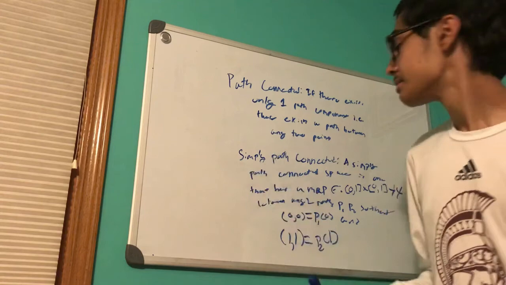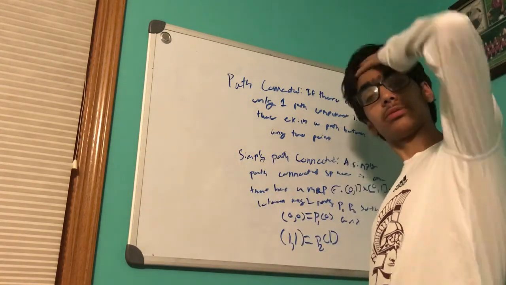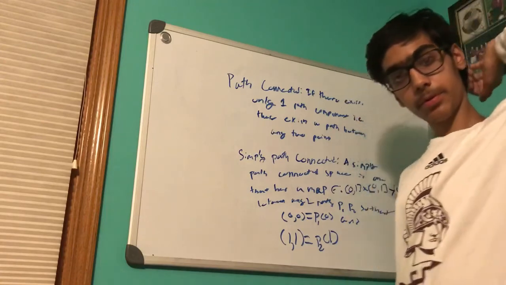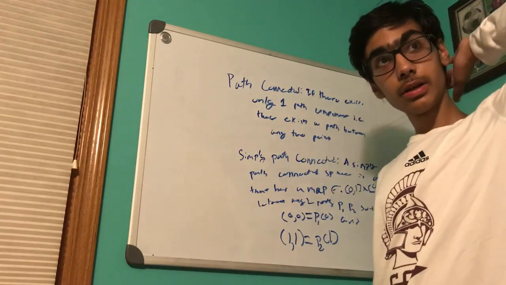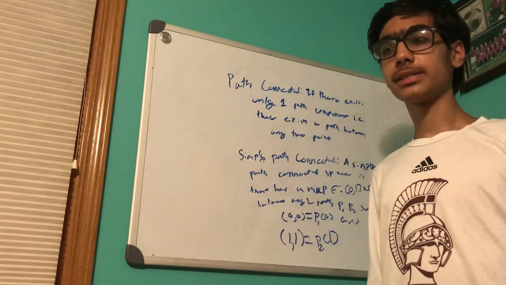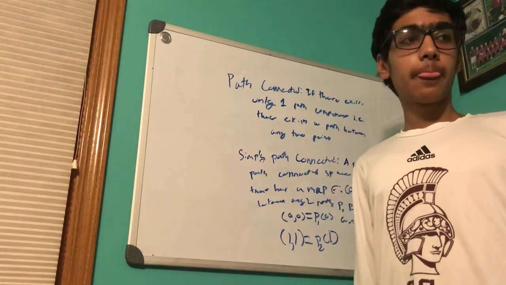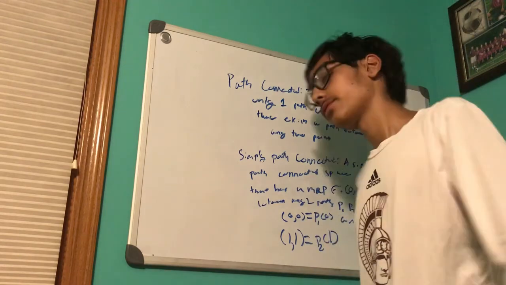And after that, who knows where we're going to go. But in the next lecture, I'll probably just discuss basic types of topological spaces, like product and quotient, all that stuff.